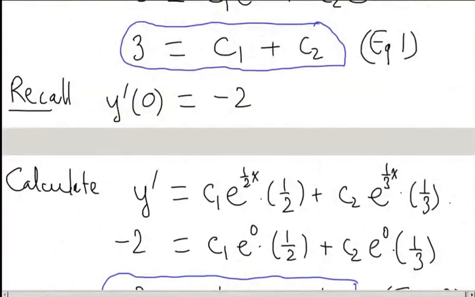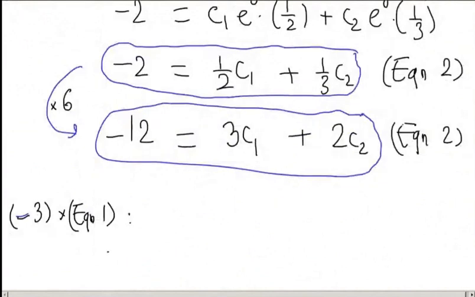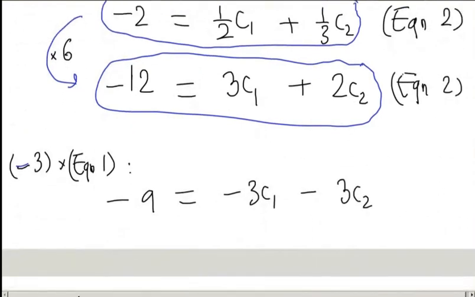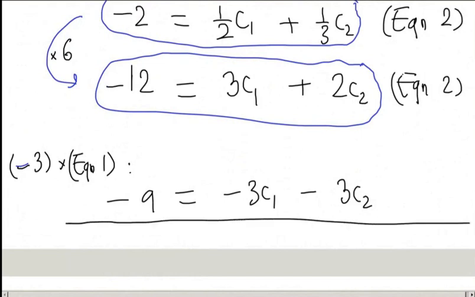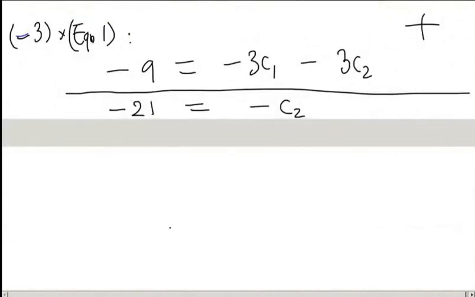So negative 9 equal to negative 3C1, negative 3C2 as well. Add them up, we get negative 21 equal to, the C1 cancel out, and I get negative C2. So solve for C2, we get C2 is 21.